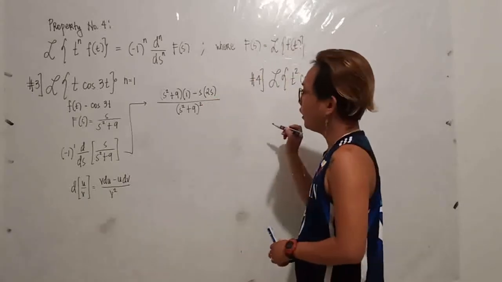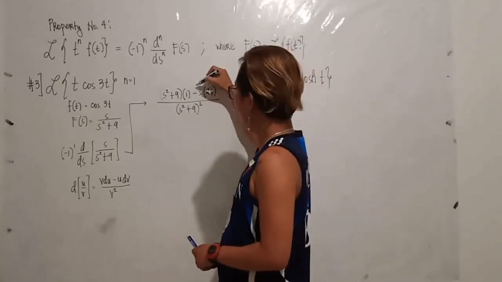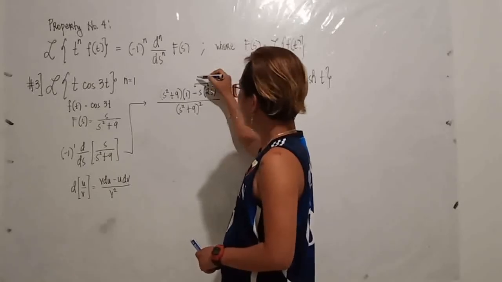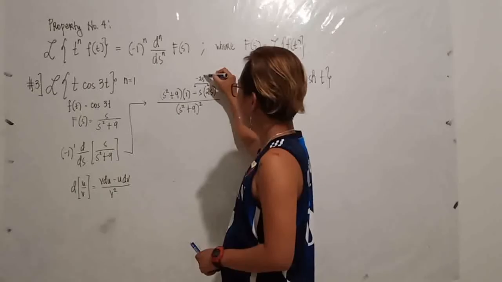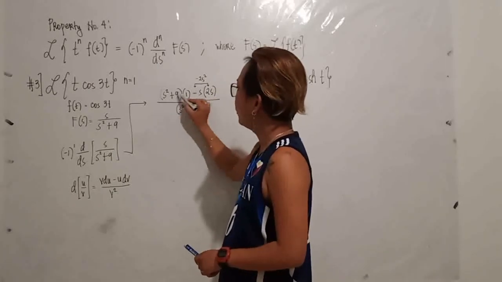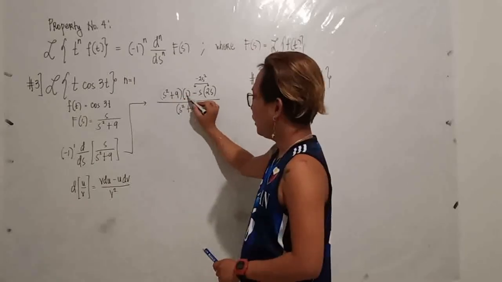Then simplifying this, you will now have negative 2s squared multiplied to yung s squared so on. You will have s squared.